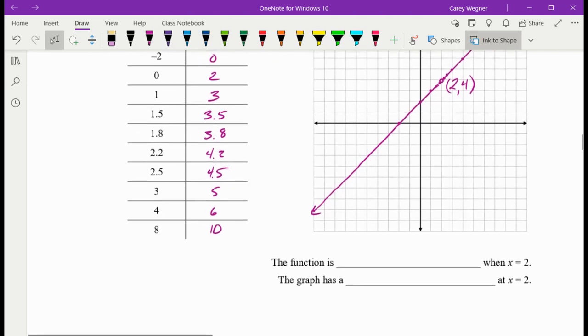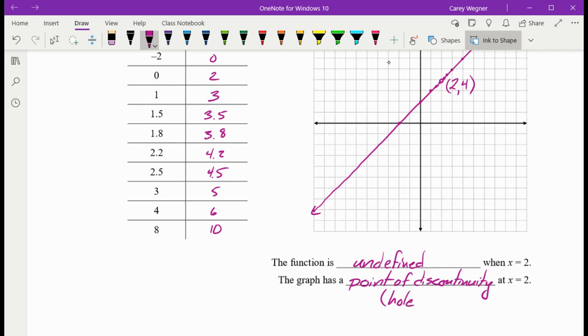And so once again, we're saying that our function is undefined when x is equal to 2. But we'd say the graph has a point of discontinuity where x equals 2. And a shorter way to say that is just to say it has a hole. So there's a hole in the graph at that point.